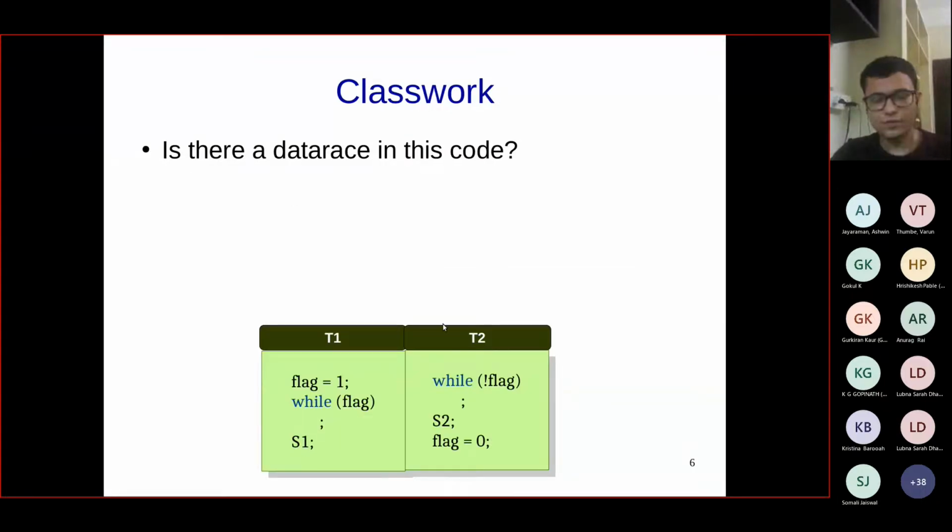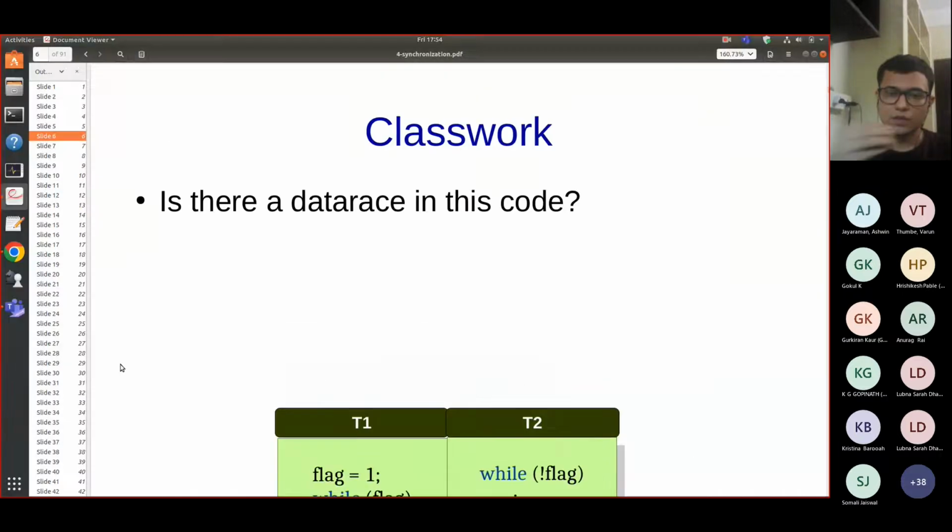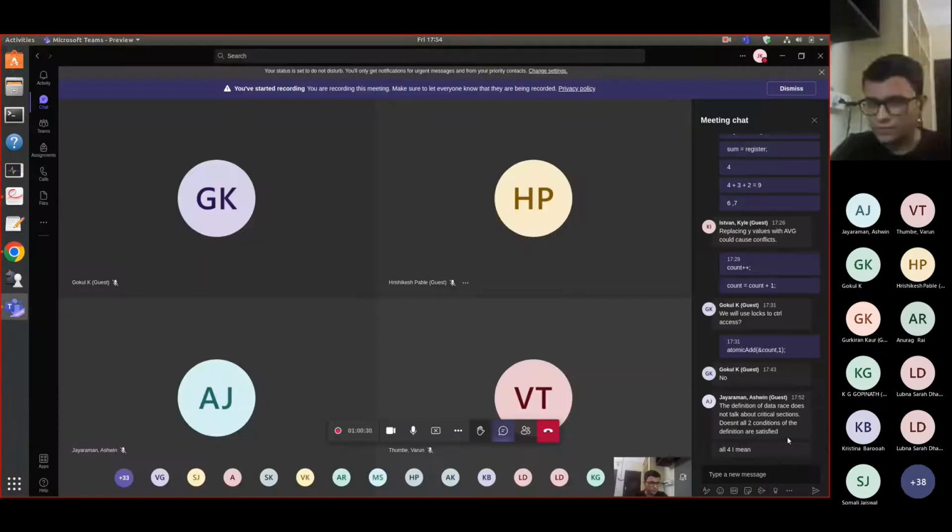Why? So let us understand this. In some sense, this is a data race, but let us try to understand it in more detail. If you see at assembly level, this instruction setting flag to 1 is a memory write operation. This memory write operation will happen atomically.